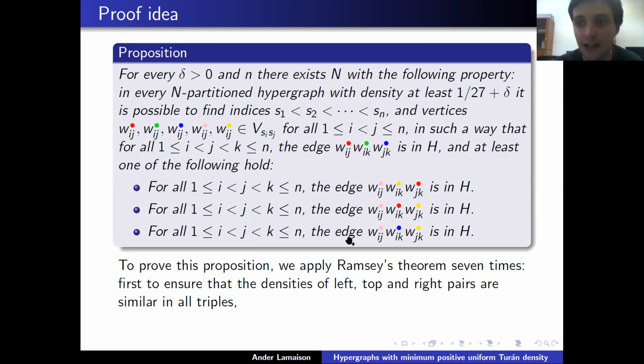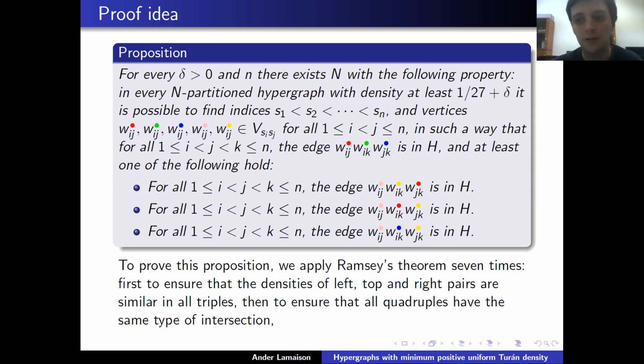But once we have this, we can just apply Ramsey's theorem 5 more times, and in each of the applications, we are going to define the colored vertex for one of the colors. The first one that we select is always the intersection color, the one that must appear in the 2 triples, and then we select the other 2. So that's basically the broad idea of the proof.